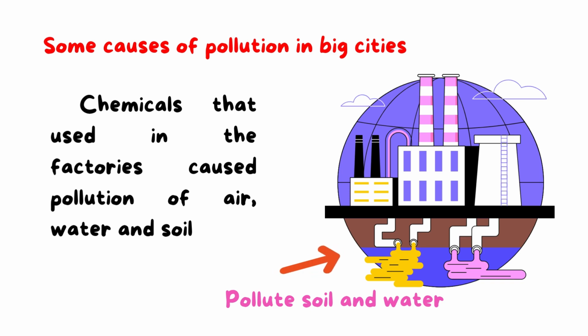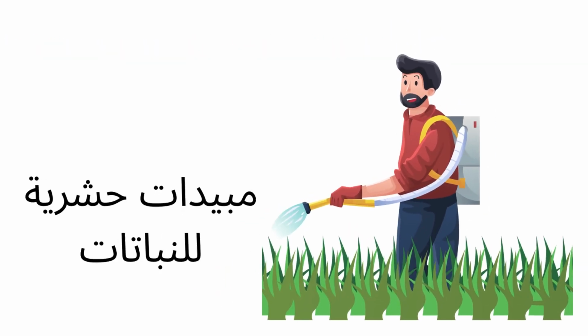To know how it pollutes soil and water, the waste from these chemicals may cause pollution in the water and in the soil. This is how the industrial activities cause the pollution of the big cities.